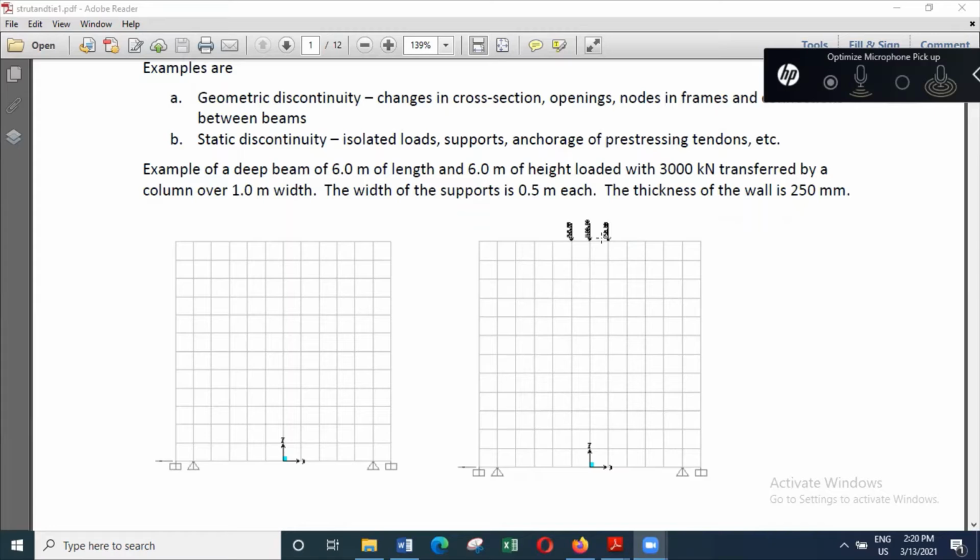So altogether a 3000 kilonewton load has been transferred onto the deep beam, and we would like to see how this load would be transferred to the supports.